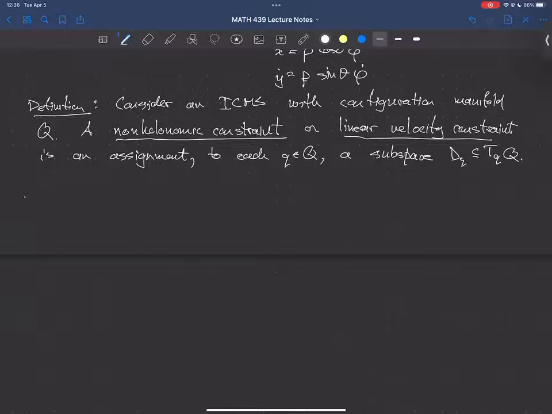All right, so attributes of linear velocity constraints. Right, so right now this is very general, and in practice, linear velocity constraints have all kinds of properties. Okay, so attributes of linear velocity constraints.